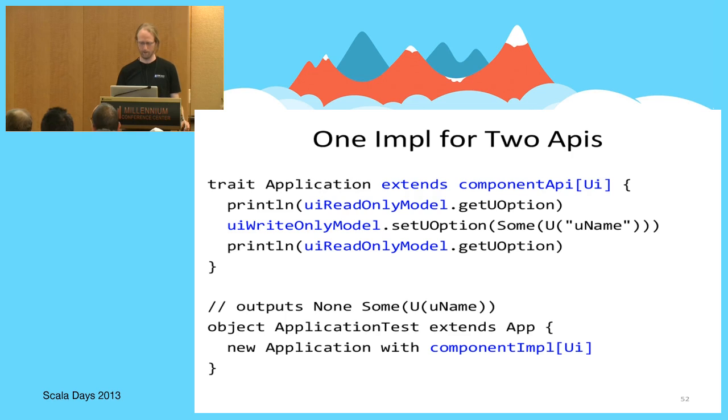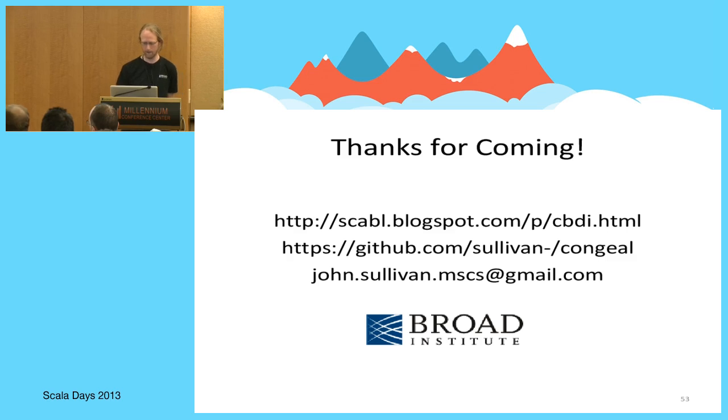But here it's real. It's compile time. This is basically pretty straightforward. Nothing much to show here, except that I can hit the read side, I can hit the write side, and it's hitting the same underlying var.